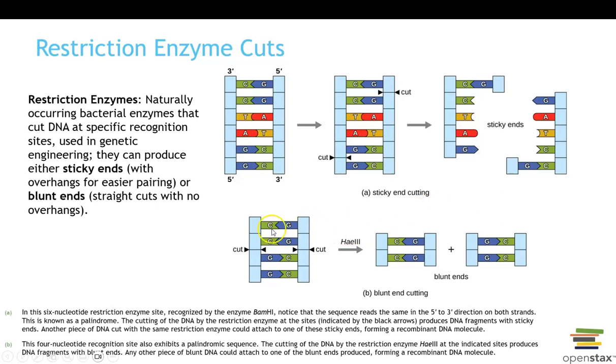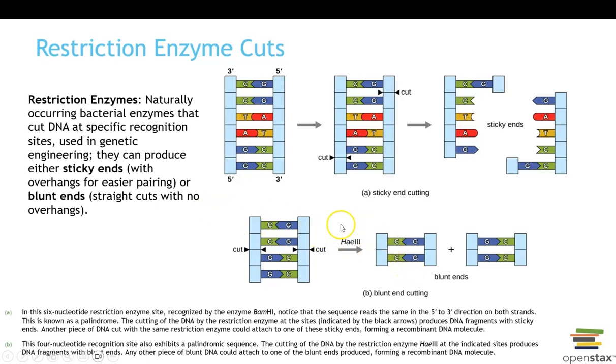And sometimes the restriction enzymes don't make these overhang areas, so they can just cut the DNA at certain sequences in a blunt end, so there is no sticky end or overhang, so we call this a blunt end.